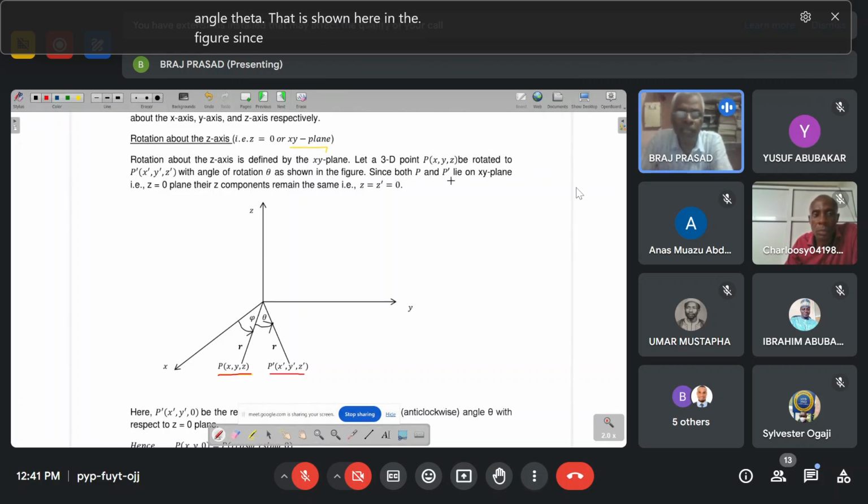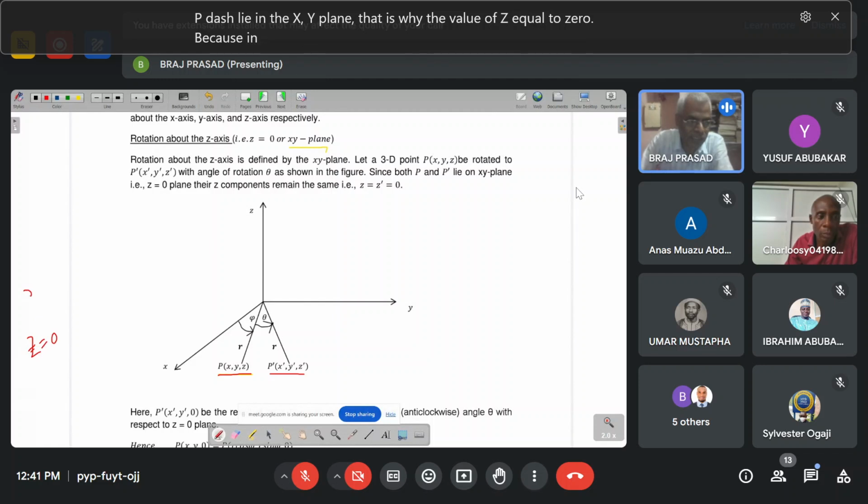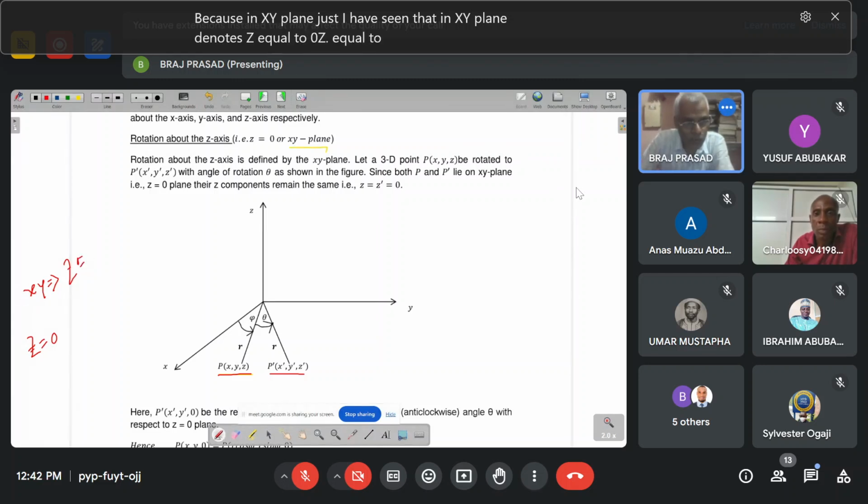Since both P and P dash lie in the xy plane, that's why the value of z equal to 0, because in the xy plane z equals 0.